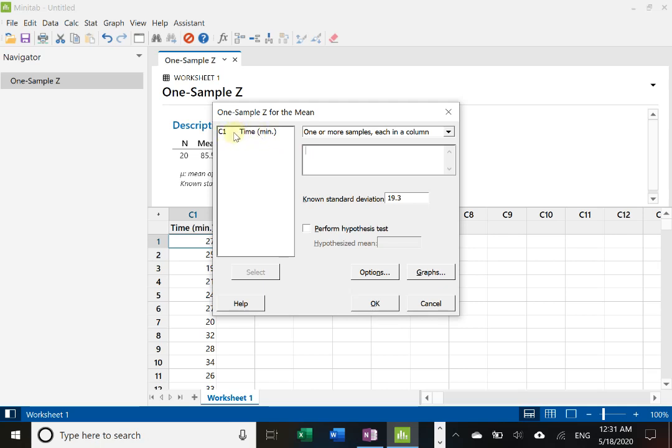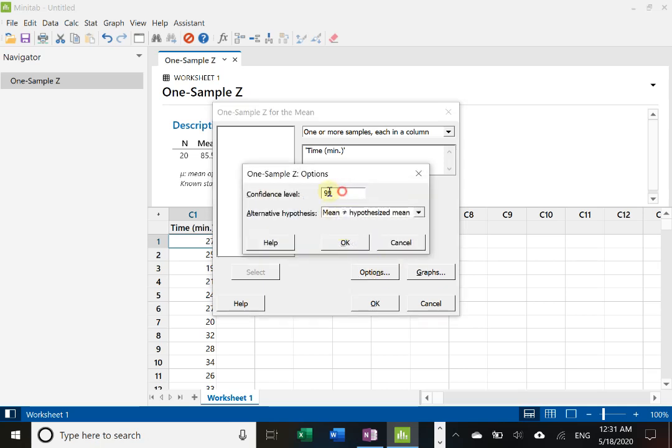You can left click once to select, or double click and it will import it itself. Now, what is the known standard deviation for this exercise? Remember, these were commuting times. It was 5.124.